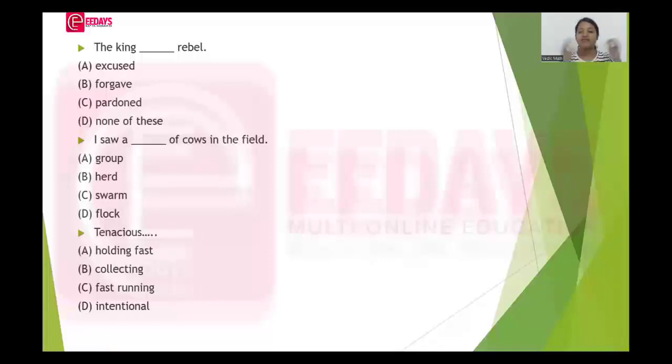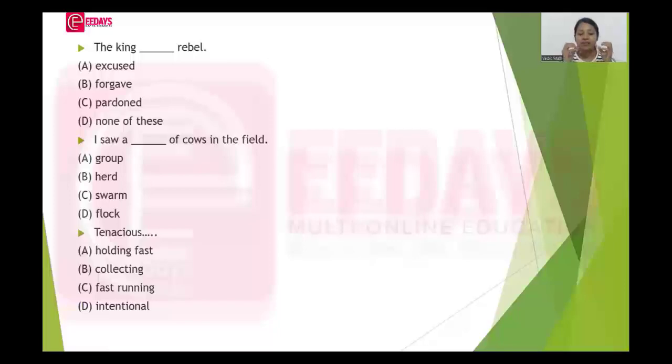And flock you usually use for birds. You can say flock of birds, flock of geese, or a flock of cranes, but not flock of cows, because they don't fly. Cows don't fly. So obviously it is herd.